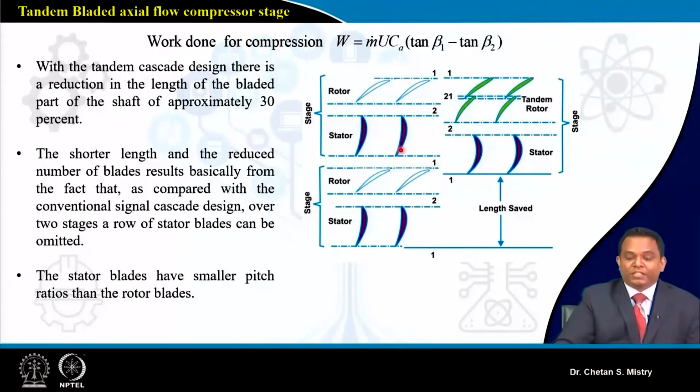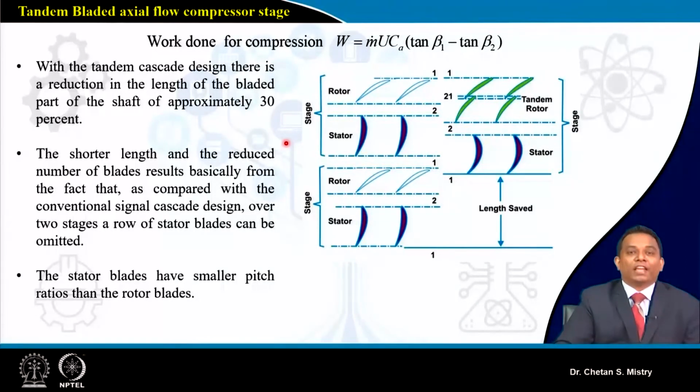If you look at this diagram, it represents two stages, a rotor and stator combination that is my first stage, and this is my second stage. Research and development activity recommends that by using this kind of configuration, it may be possible to reduce the length of our shaft by 30%.